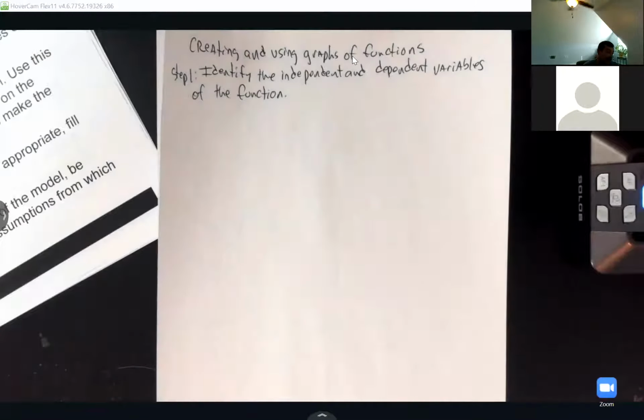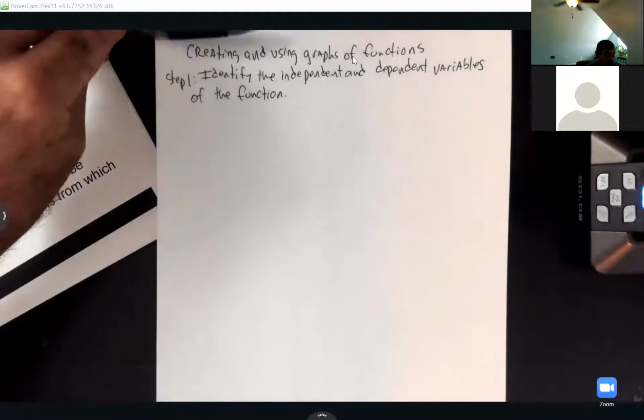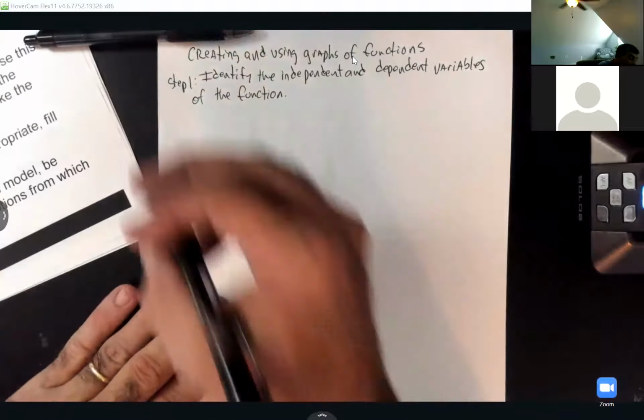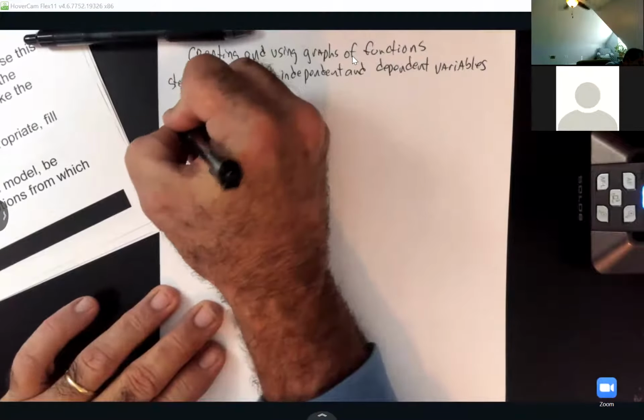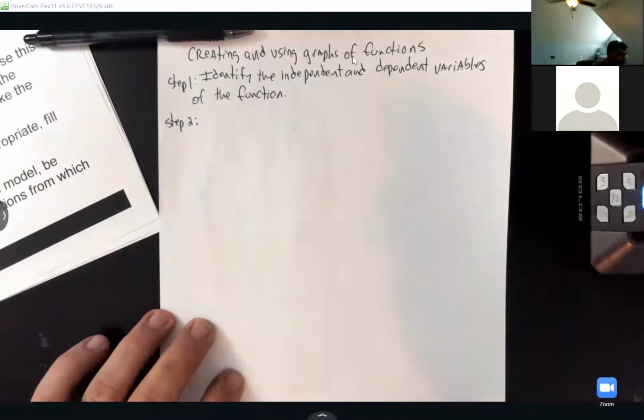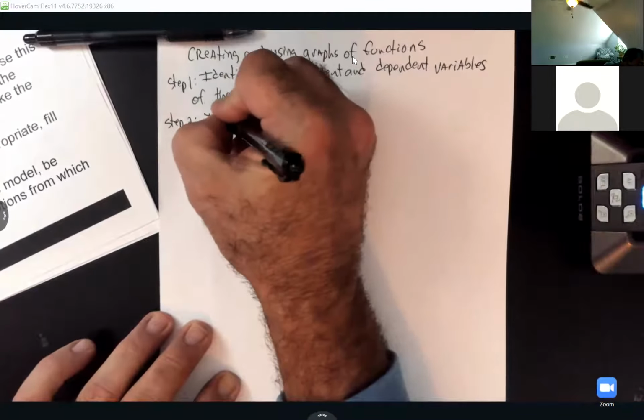Remember, I said my independent variable was going to be my hours worked. My dependent variable was going to be the amount of my paychecks. All right, so then step two, identify the domain and range.